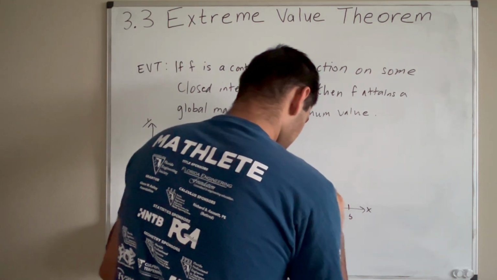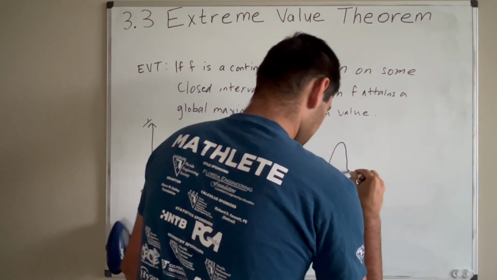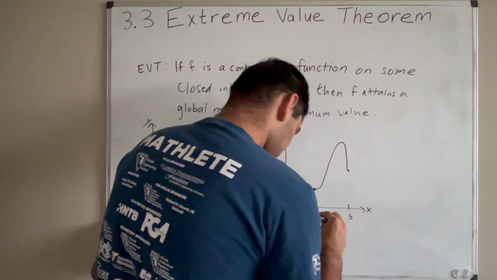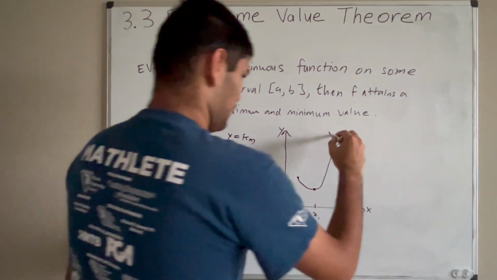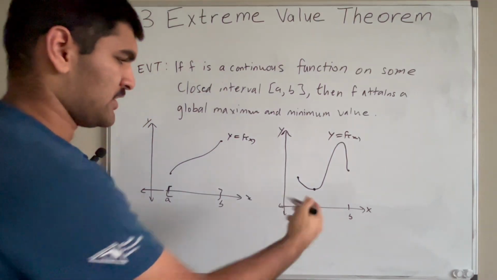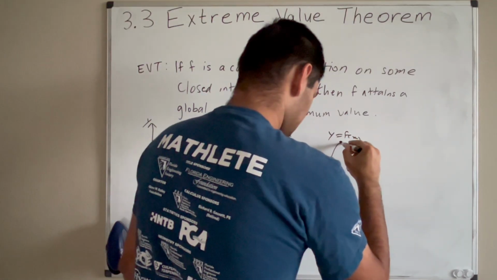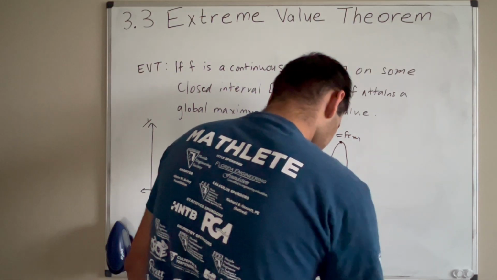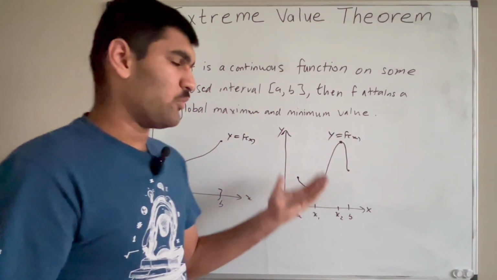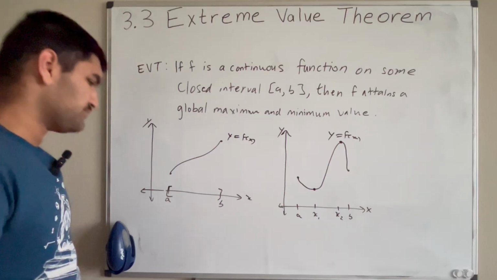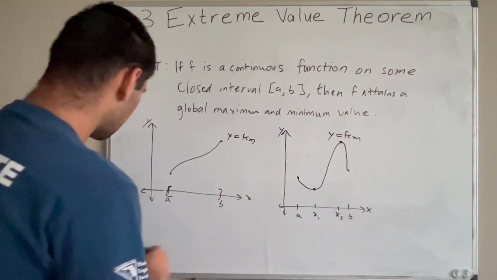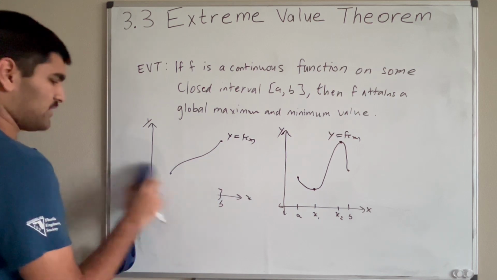Now let's say this is x1, so f of x has its global minimum value at x1, and this x value right here is x2, so it has its global maximum value at x2. Now it's no longer at the endpoints, it's within the interval. Cool, now let's move on to some vocabulary.